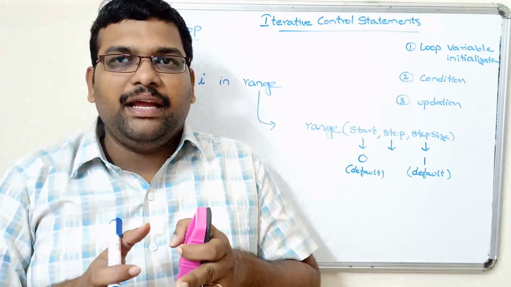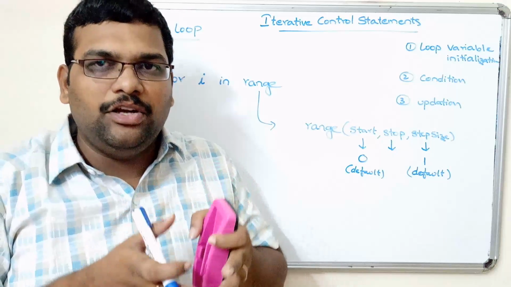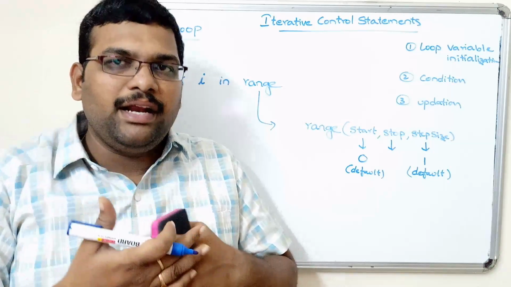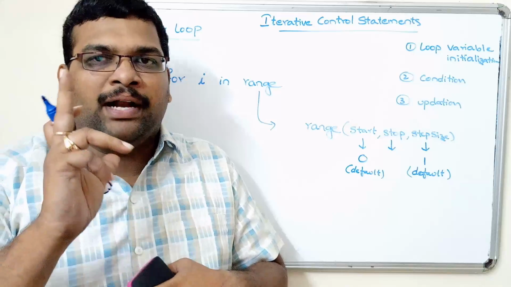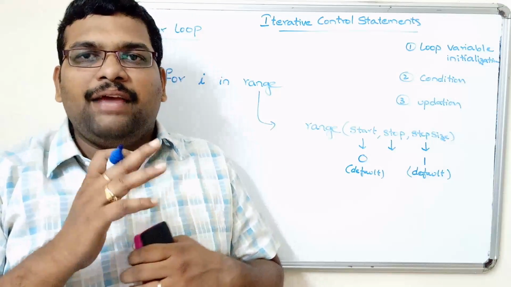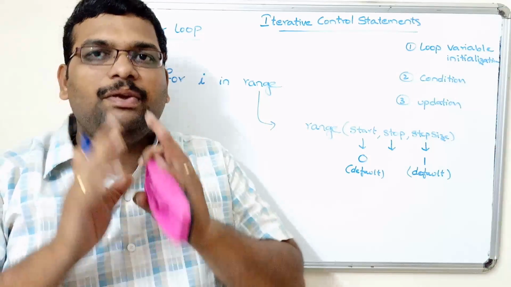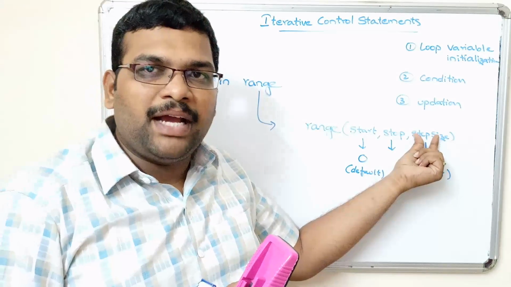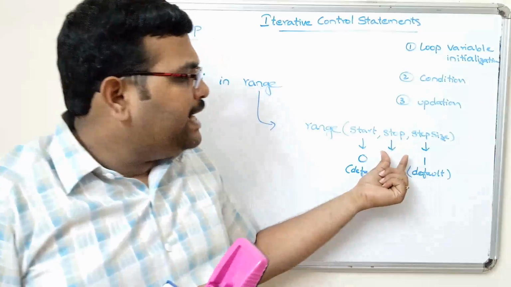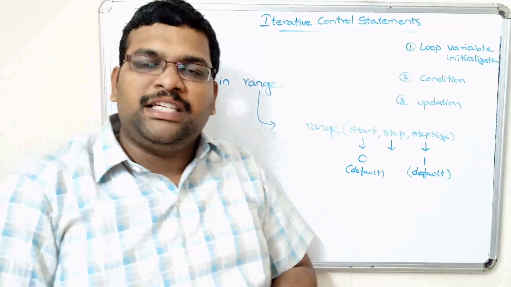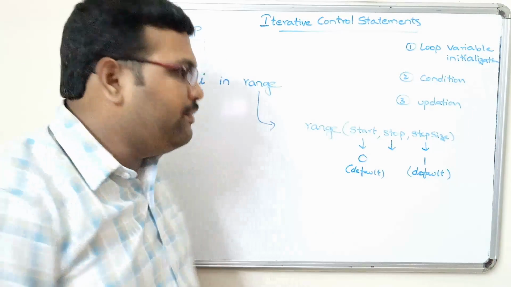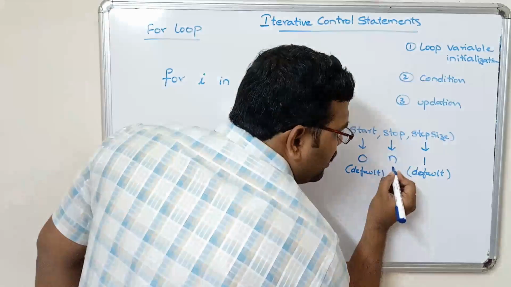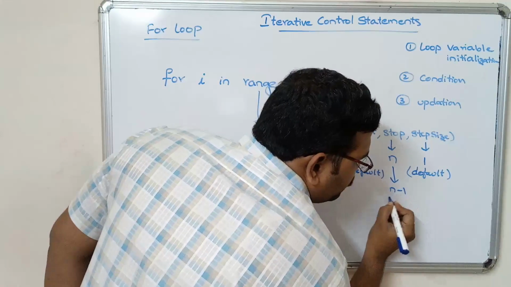So if the I value in the first iteration is 0, then in the immediate next iteration the I value will be 1. In the next iteration the I value will be 2. That means the difference will be 1. So this is the case if the step size is not mentioned by the programmer. And stop must be mentioned by the programmer itself. So if the programmer mentions n, the last element will be n minus 1.